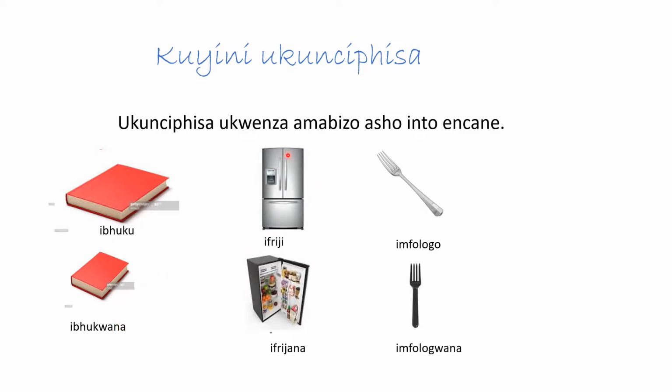We have ifriji, but if the fridge is small, sithi ifrijana. We have imfoloko, but if the imfoloko is small, we say imfolokwana. These are the nouns that I have used now, but these are not the only nouns that we are going to be dealing with.